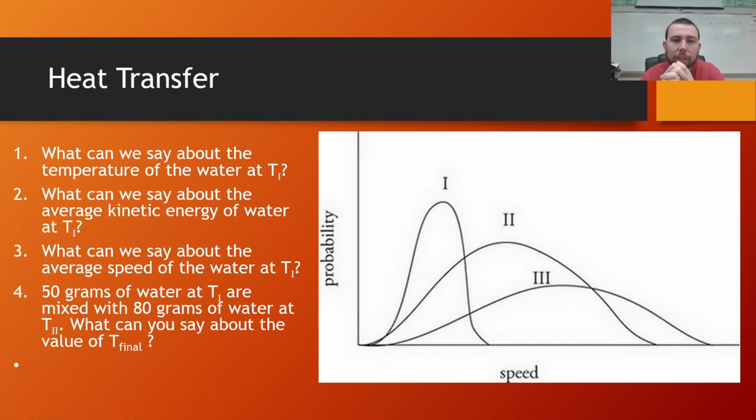So for number 4, they're going to get to some point that's in between. It doesn't matter that there's 50 and 80 grams respectively. All that matters is that they're going to get to a thermal equilibrium, which is going to be somewhere in between the two.